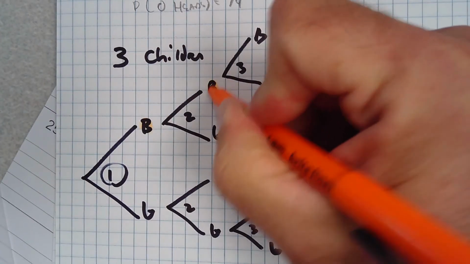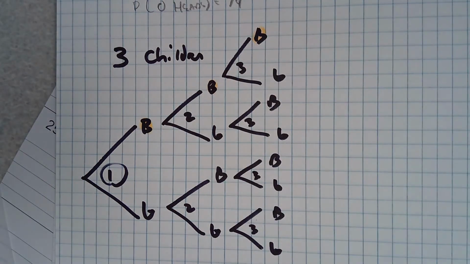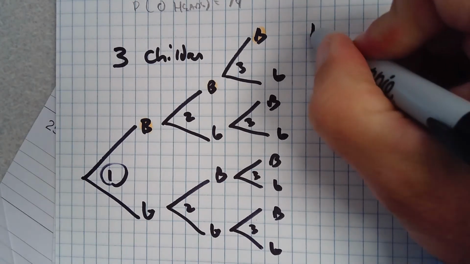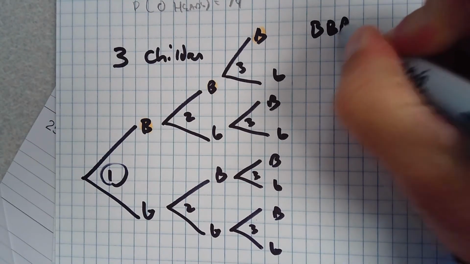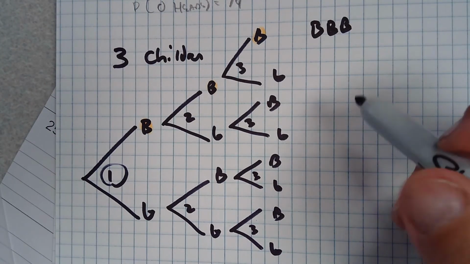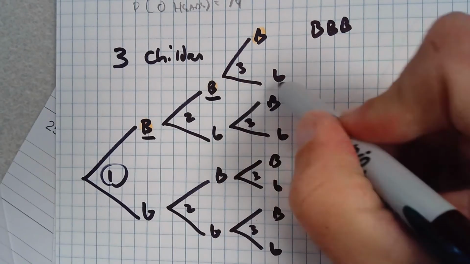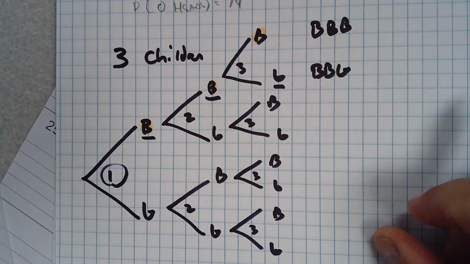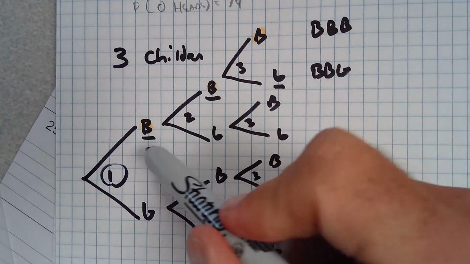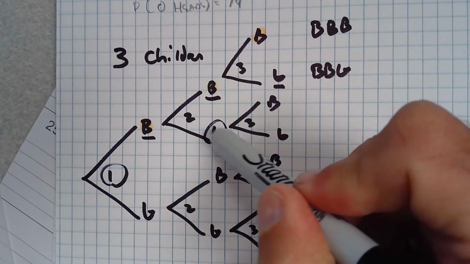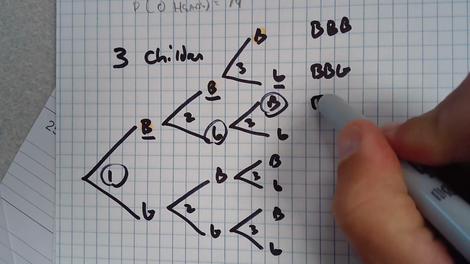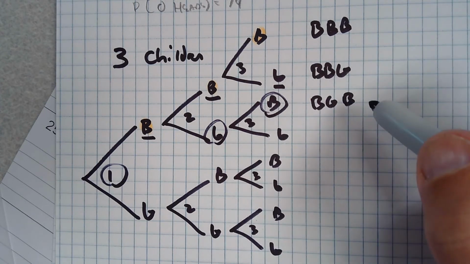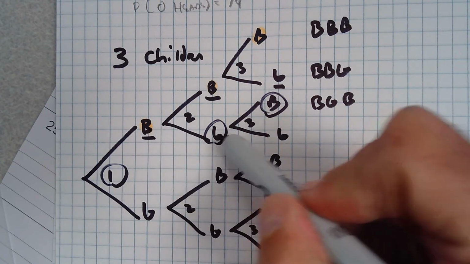You can have a boy, and a boy. So the first sample space is having 3 boys. Then you can have a boy, boy, girl. Then we go boy, girl, boy. And then boy, girl, girl.